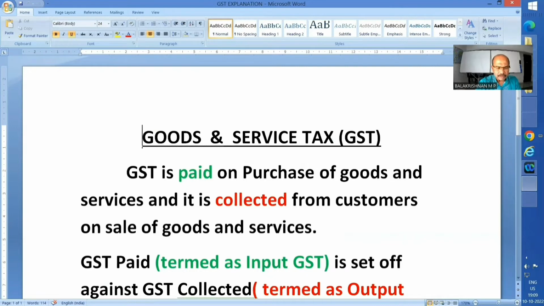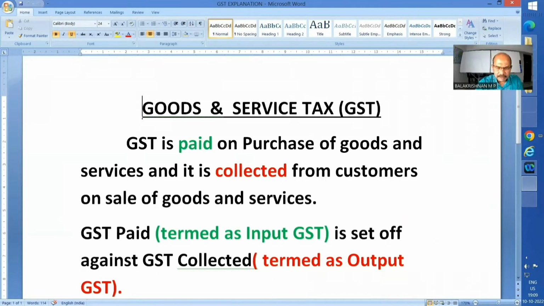Okay. So what happened? There is CGST, state GST and interstate GST. Whatever it is, it's a tax. GST is paid on purchase of goods and services, and it is collected from customers on sale of goods and services.